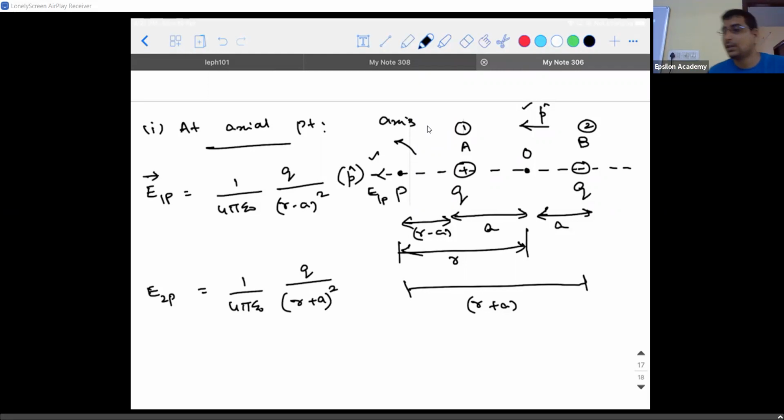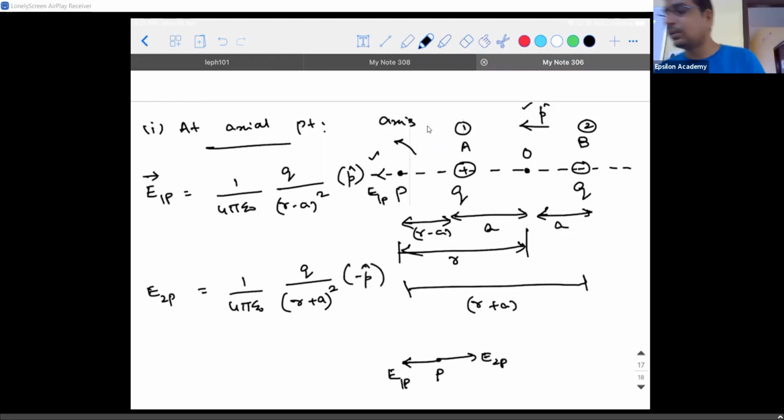Direction: see, this is point P. Due to the positive charge, the electric field is in the leftward direction in this diagram. Due to the negative charge, it will be in the rightward direction because the negative charge has the tendency to pull the test charge towards itself. So this is E2P. So what should I write in terms of P cap? Minus P cap, that's it.